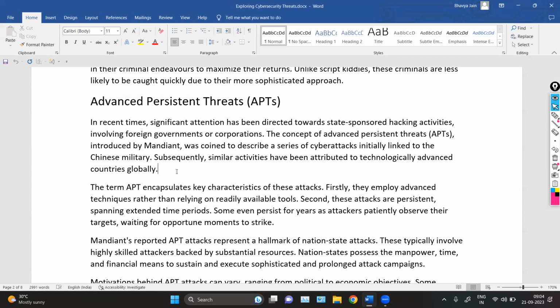You have to create the tools on your own, whether it is a tool, a malware, or anything else, and use advanced knowledge. Second, these attacks are persistent, which means gaining long-term access. Some gain access for a period of one year or even many years. It depends.